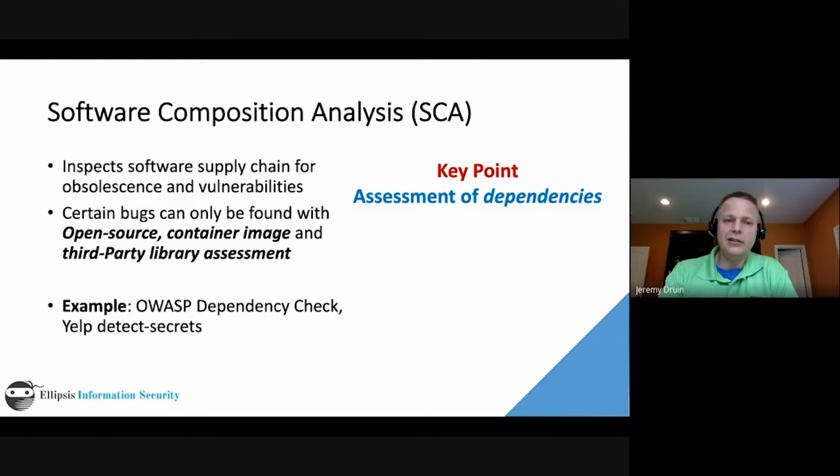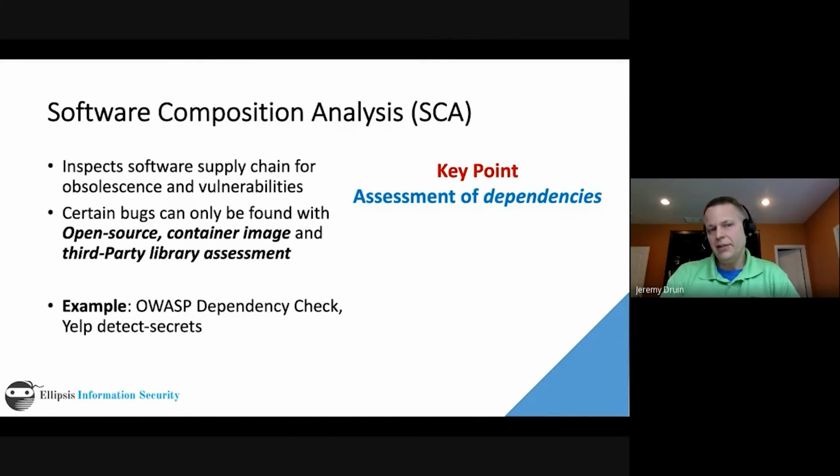So if we would like to use an open source library, say you're writing a website, it's very common for websites to use jQuery or Bootstrap or AngularJS or some other components where the developer isn't going to reinvent the wheel. They're just going to go ahead and grab a library and integrate that library into the project. And that way, some of the code's already written for them, and they can just go ahead and leverage that.